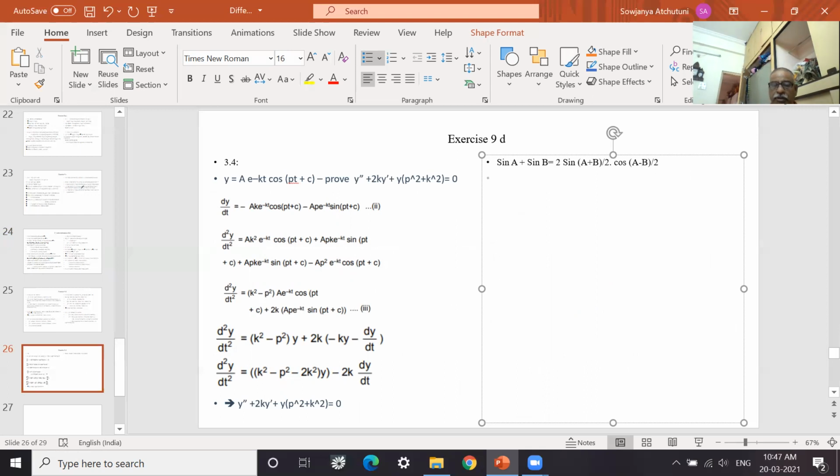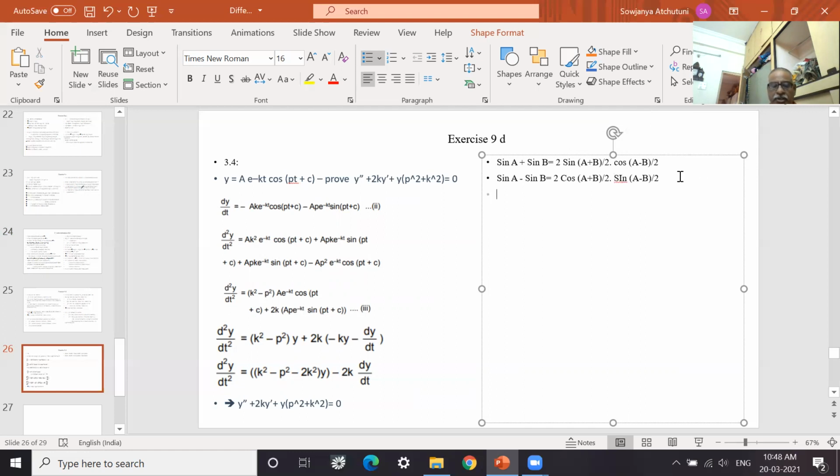Similarly, sin A minus sin B is 2 cos((A plus B) by 2) into sin((A minus B) by 2).